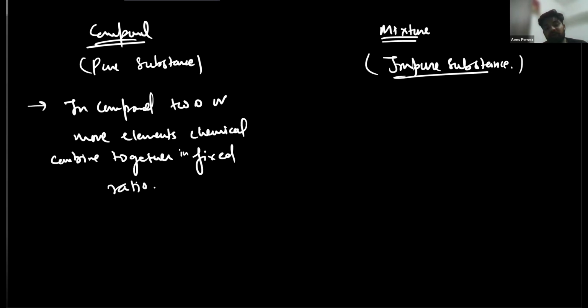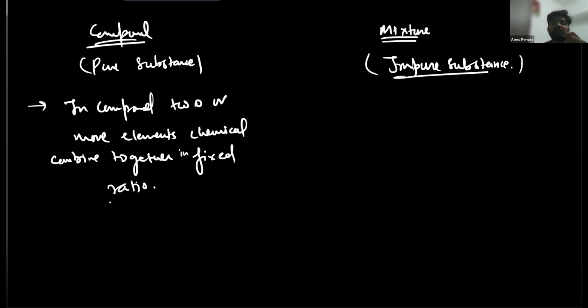It is important that it is a fixed ratio. They cannot combine by their own will. The oxygen atom can combine with a maximum of two hydrogens. It cannot combine with three or four hydrogens. It is not possible.